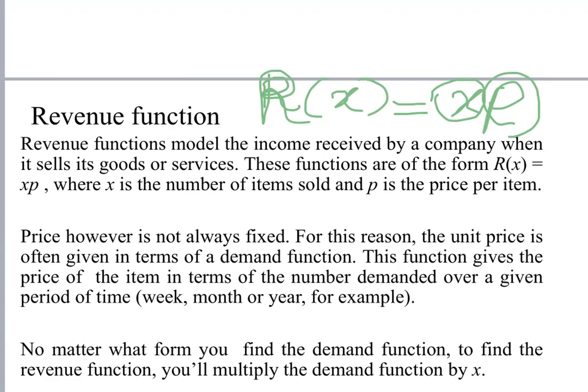This function gives the price of the items in terms of the number demanded over a given period. So when we find the revenue function, sometimes we need to use that demand function, because our revenue function depends on the demand function.